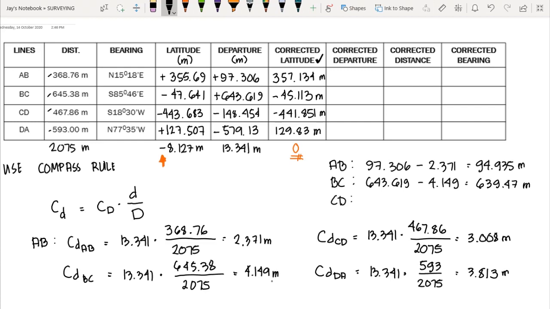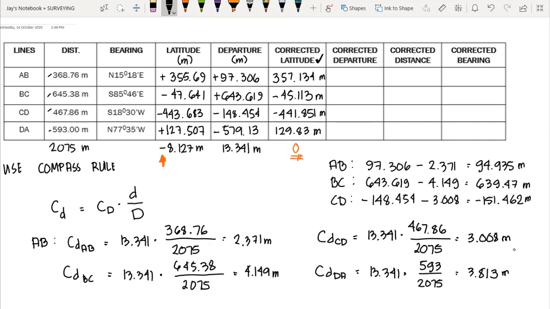For CD, we have the departure negative 148.454 minus 3.008, the correction of line CD. This gives us negative 151.462 meters.